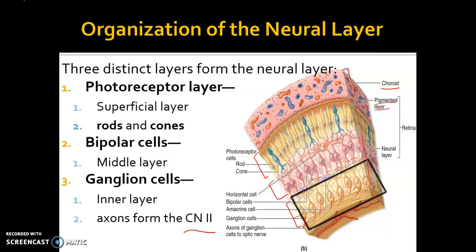Yes. I want you to understand that at each level, photoreceptor to bipolar to ganglion, there is addition of information. There is information convergence.